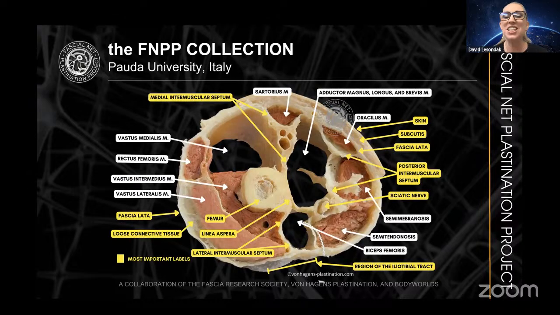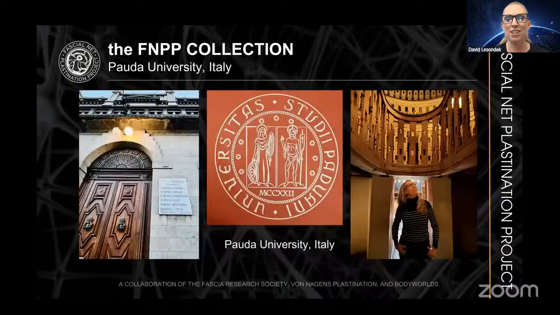The yellow labels are the labels that are about fascia. The white labels are the ones that we're most used to seeing, which would be naming the muscles, as opposed to the things around them, which would be the fascial network.